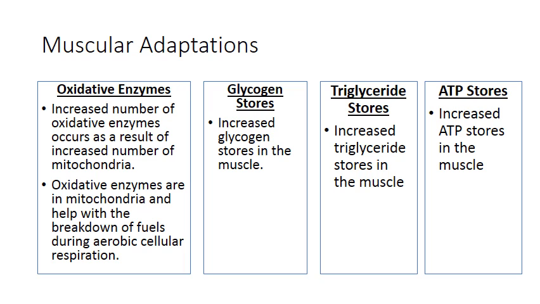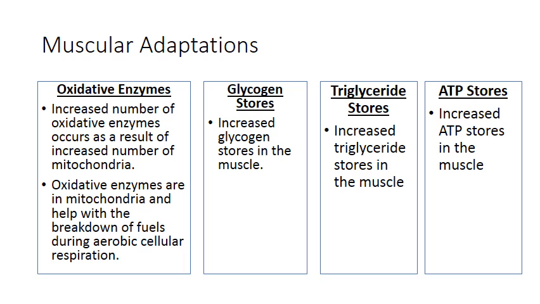So as a result of training, we actually increase the number of oxidative enzymes, which means we can make that ATP aerobically at a faster rate. Those enzymes live in your mitochondria, and because we're increasing the number of mitochondria, therefore we're essentially increasing the number of oxidative enzymes.